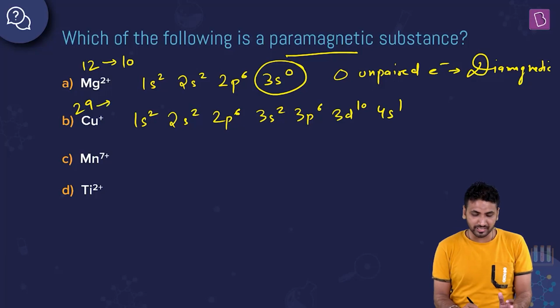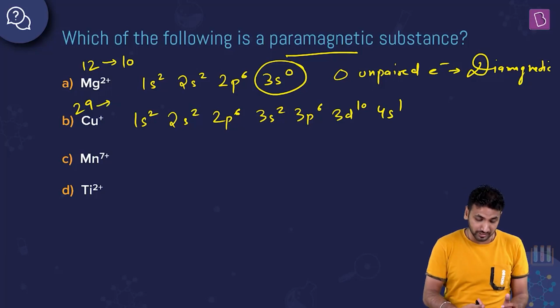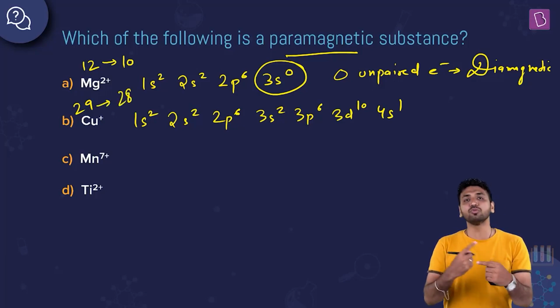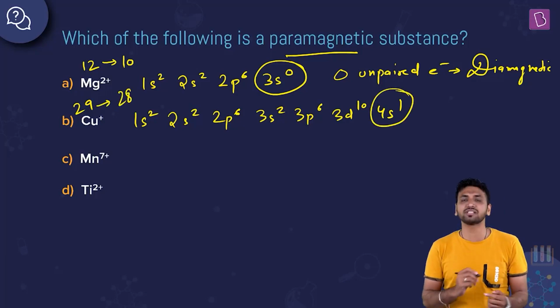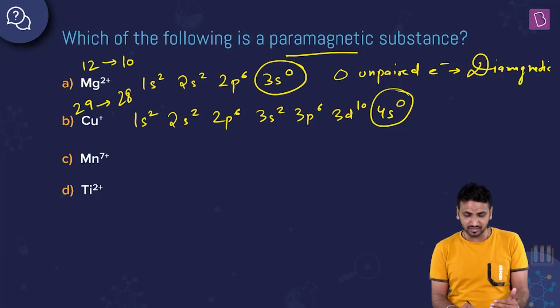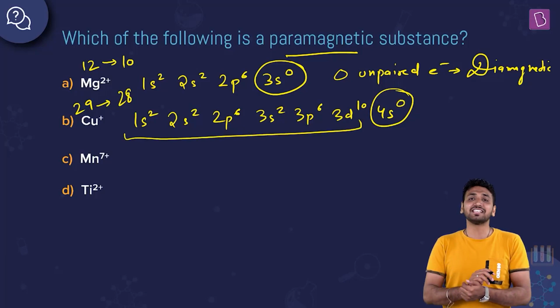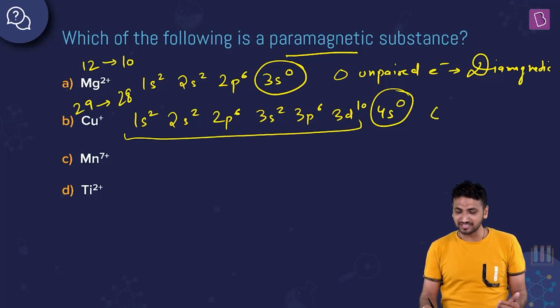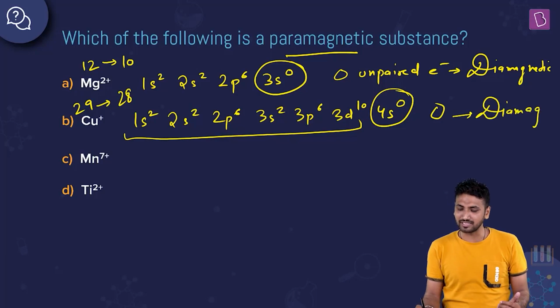You are moving from 29 to 28. You have to remove one electron, and that will be the 4s1, right? So if you just remove it, it becomes 4s0. And what we observe is in the whole configuration, there is no unpaired electron. 0 unpaired electrons, again going to be diamagnetic.